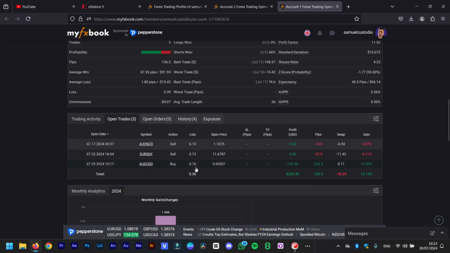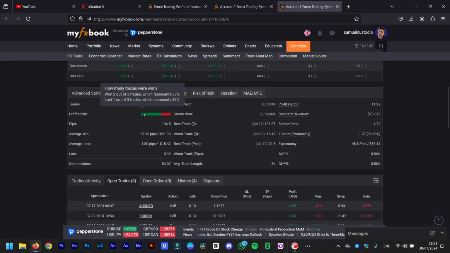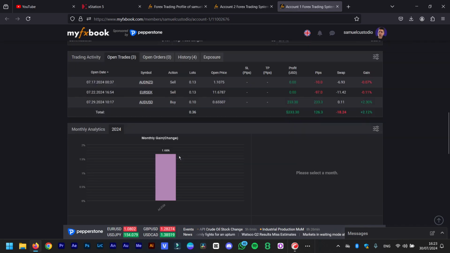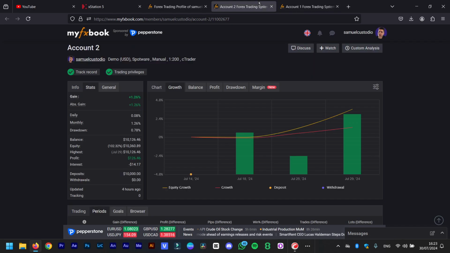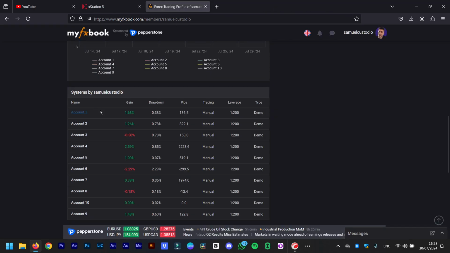You can see the profitability, how many trades I did, the winning rate, Sharpe ratio, expectancy, the deviation, the profit factor, average win versus average loss, the amount of pips, the lot size, commissions that I paid, the monthly interest that I made, with each and every account of the systems.